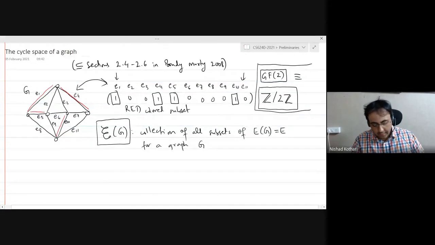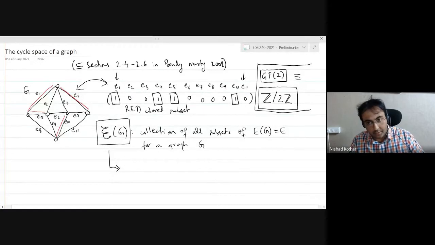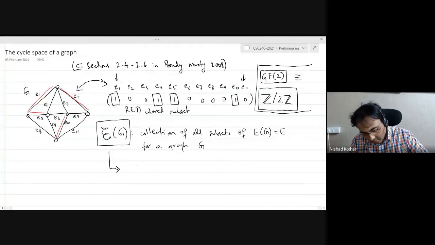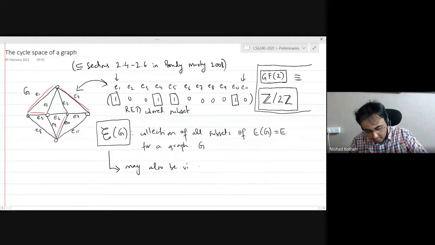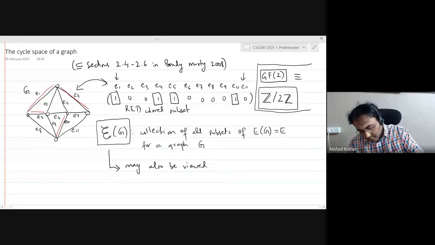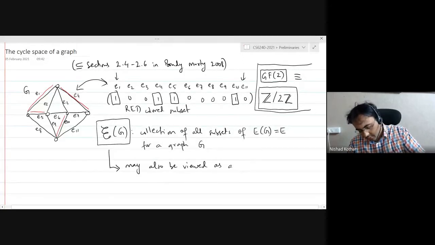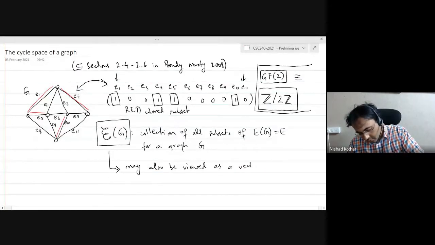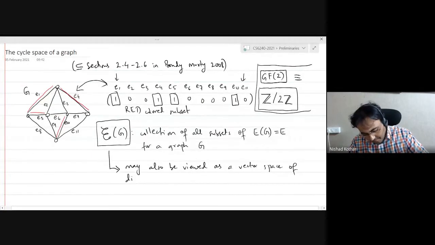Okay, so this set script E of G, which is the collection of all subsets of the graph's edges, may also be viewed as a vector space of dimension m.